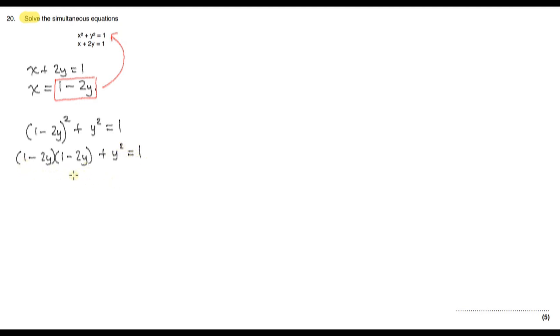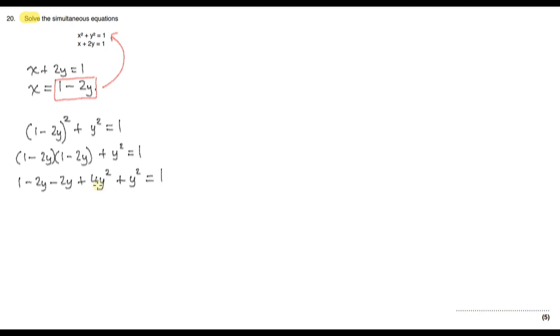So I'm going to FOIL this out. 1 times 1 is 1. 1 times negative 2y is negative 2y. And then we've got another negative 2y. And then we're going to have positive 4y squared, because it's negative times a negative. And then we've got plus y squared, and that is equal to 1. So we've got a quadratic equation here to solve.